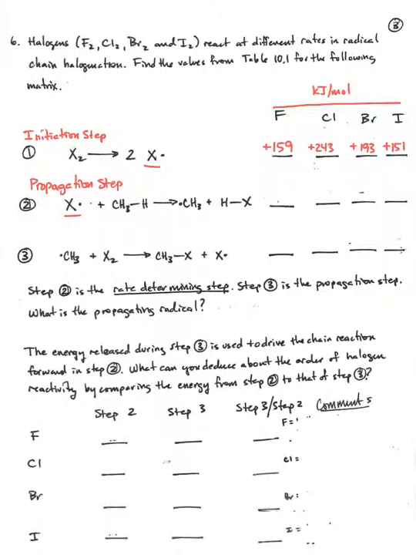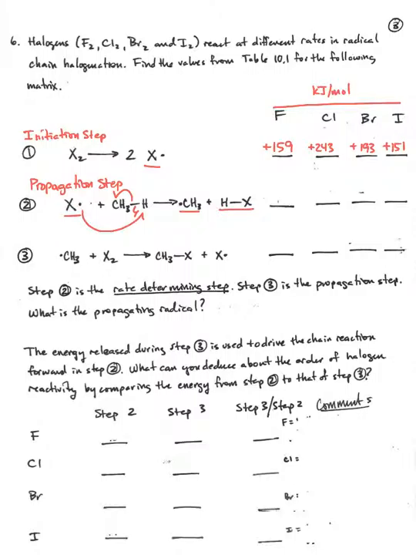So this radical will abstract a hydrogen. We're going to cleave that bond, so we need one electron from that bond to form the new bond, and then the other electron goes onto the carbon atom. And so we're ending up with methyl radical plus HX.